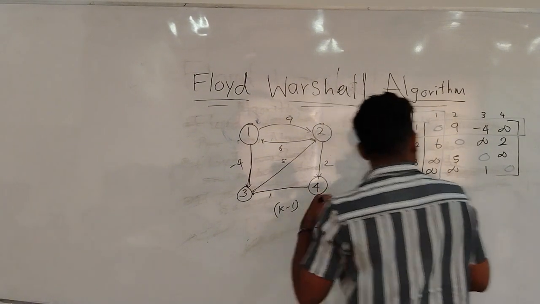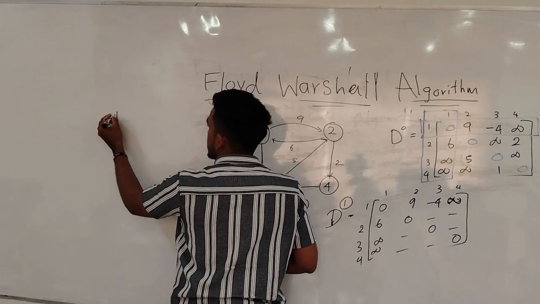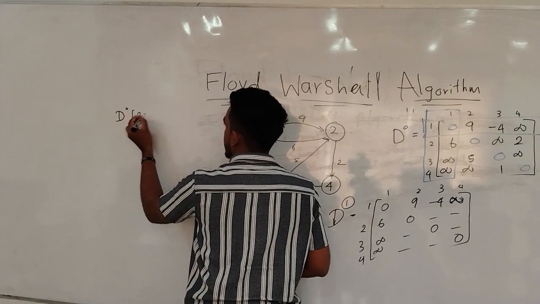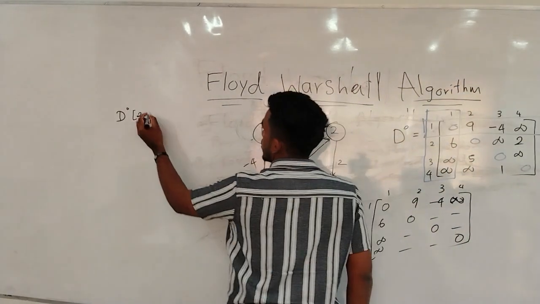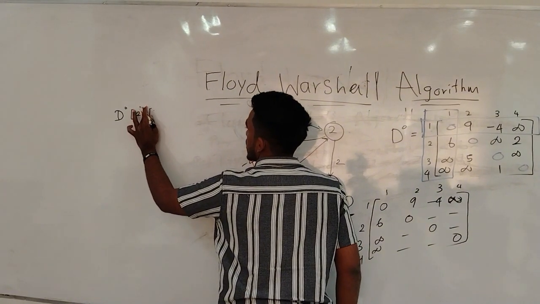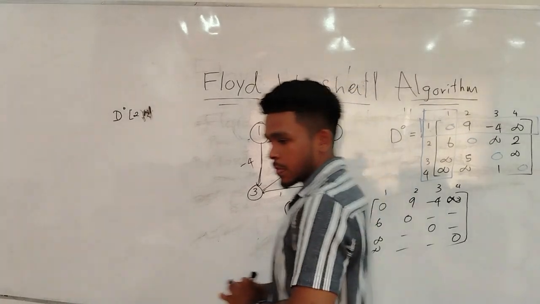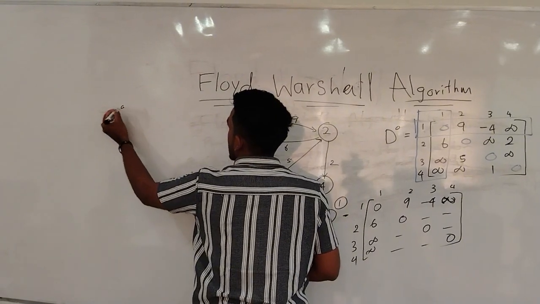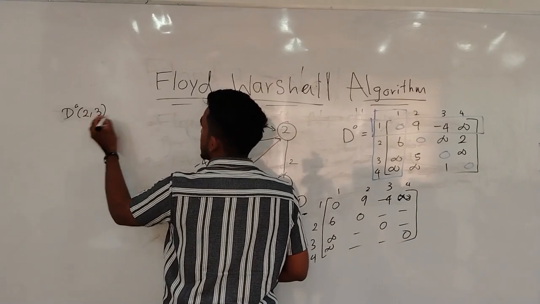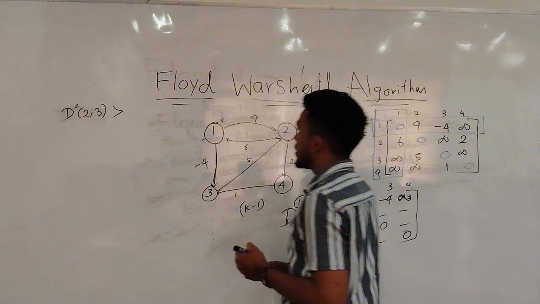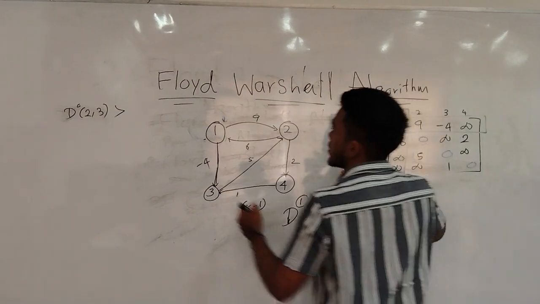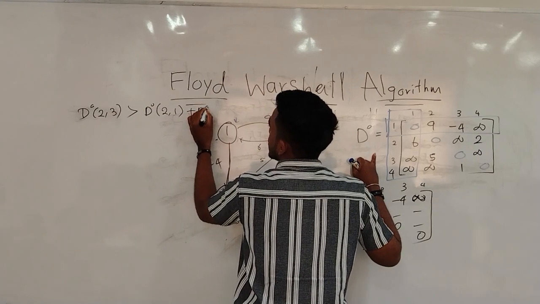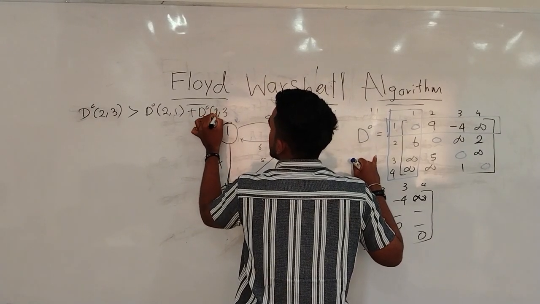For the path from 2 to 3 we are using this formula: D naught 2 to 3 greater than D naught 2 to 1 plus D naught 1 to 3.